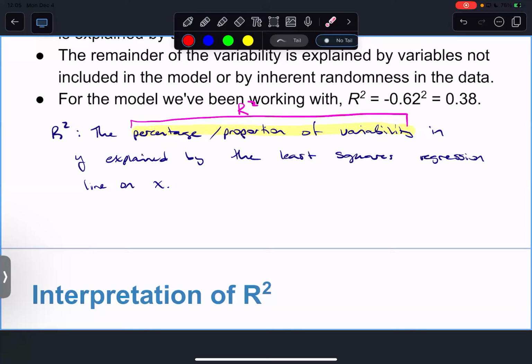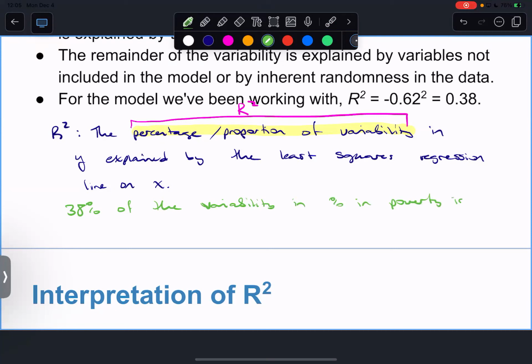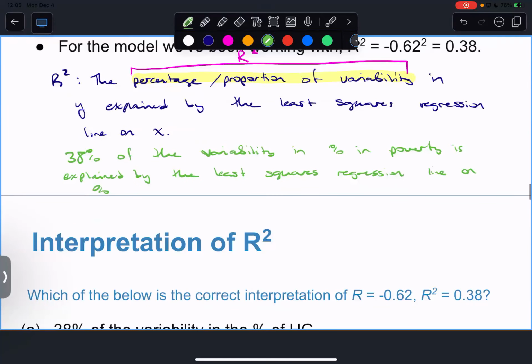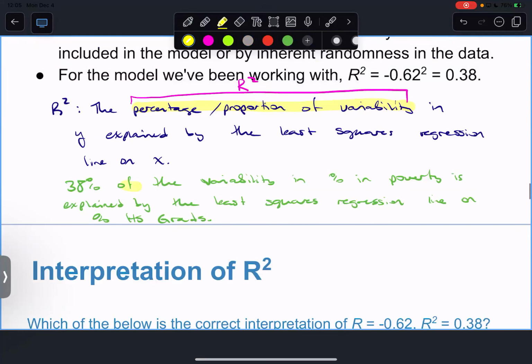So then 0.38 for R squared, which means if I had to interpret, then 38% of the variability in percentage in poverty is explained by the least squares regression line on percentage of high school grads. All right, but again, percentage of variability.